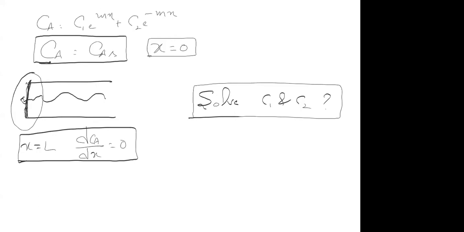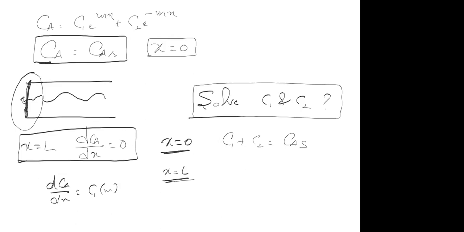At x equal to 0, C1 plus C2 is equal to CAS. At x equal to L, what is dCA by dx? It is C1 into m into e power mx minus C2 into m into e power minus mx. If you apply L here, C1 into e power mL minus C2 into e power minus mL is equal to 0.